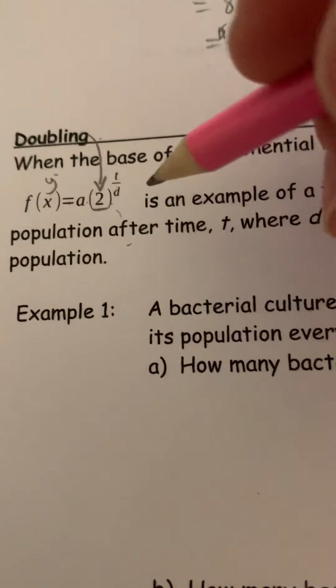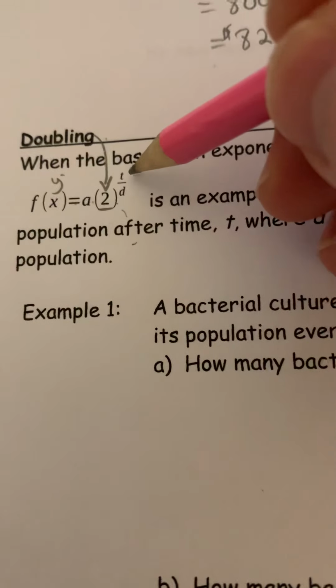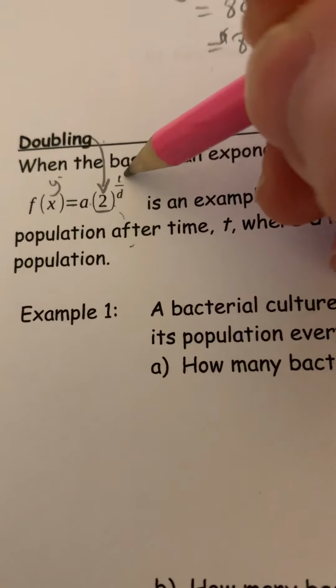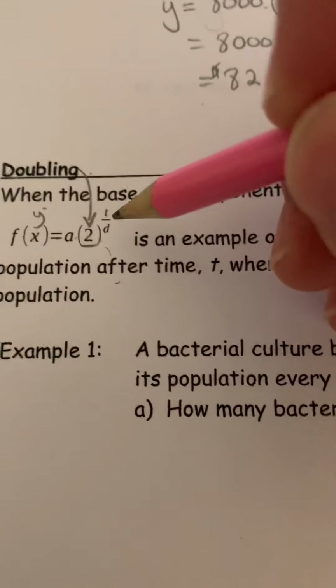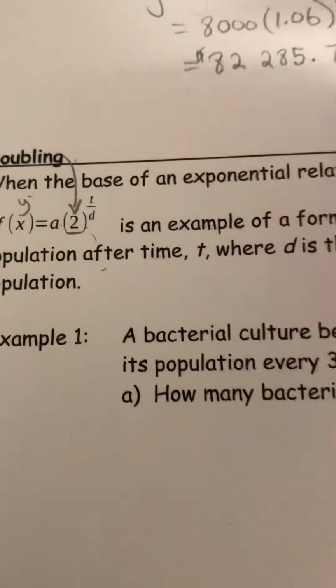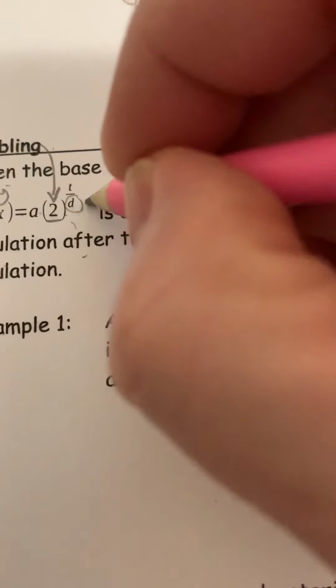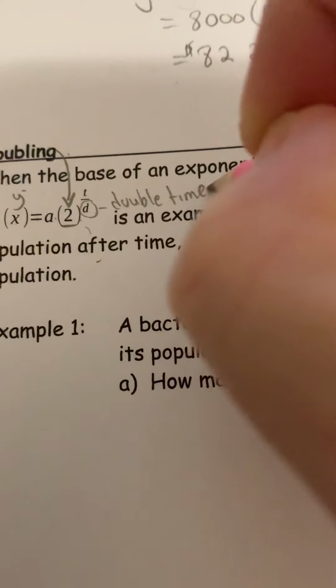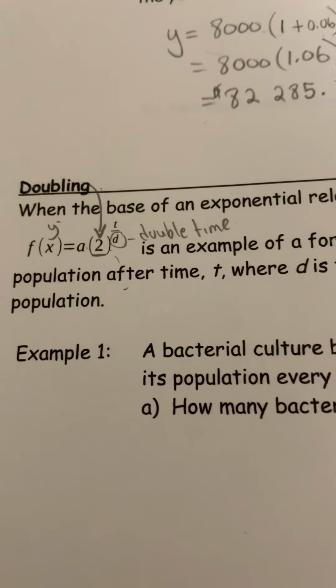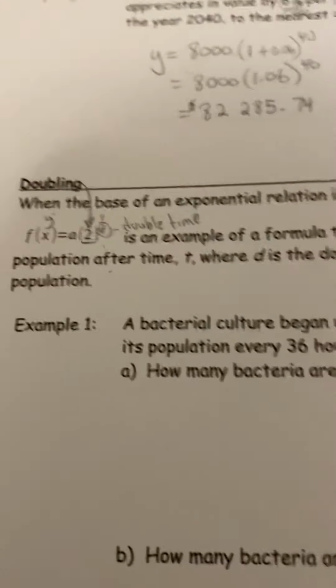But then your exponent's a little bit different. So this is the time. So we had here, it was just the time, which was 40. But now we're going to divide by d, which represents doubling time, or double time. So it means how long it takes to double. And then t is your time in years.